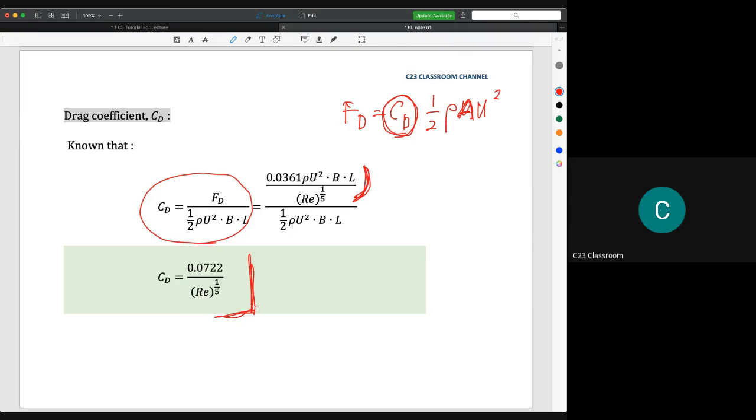This is the basic calculation for the turbulent boundary layer using the most common velocity profile, which we call the 1/7 power law, where u over U is equal to y over delta to the power of 1 over 7.